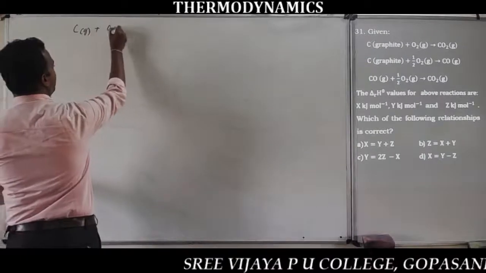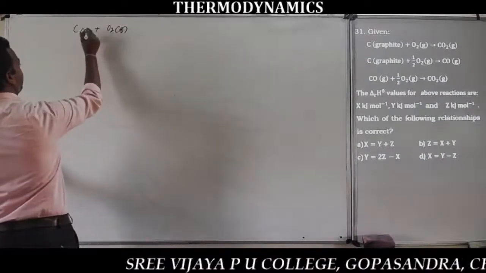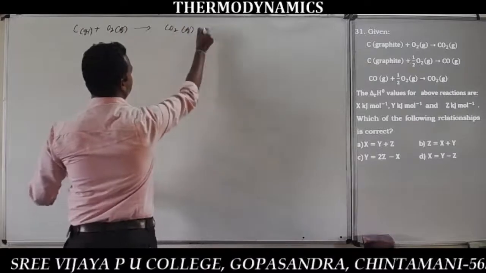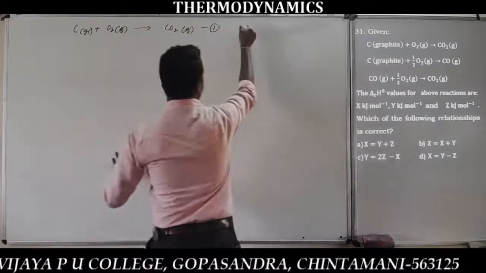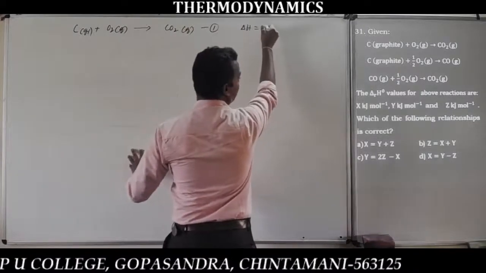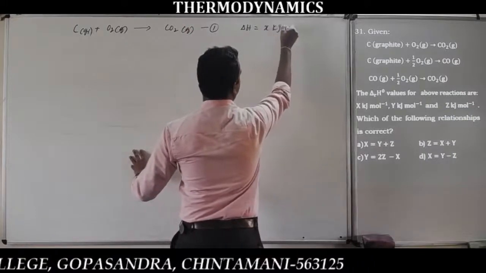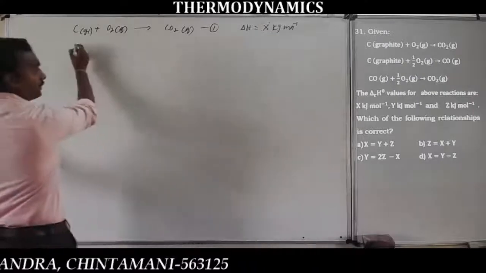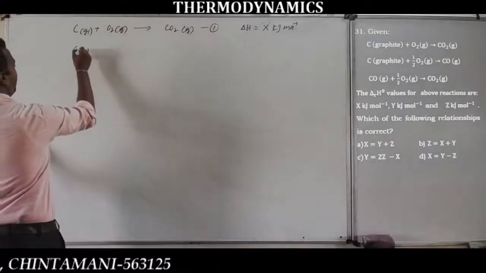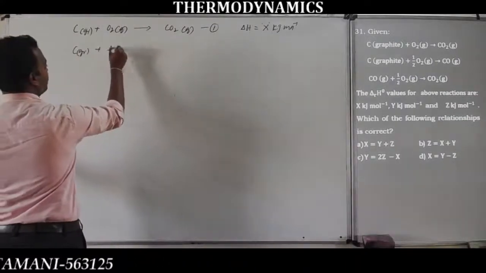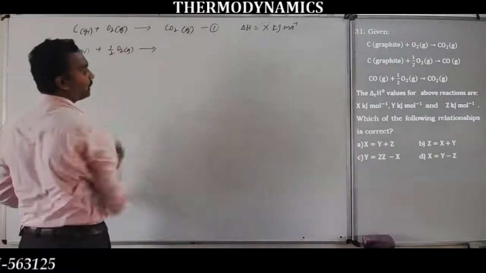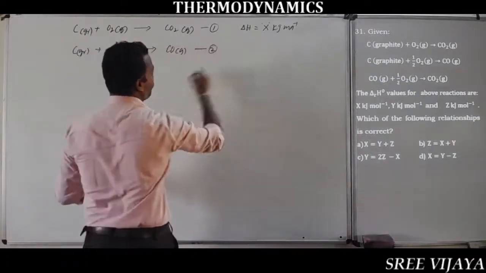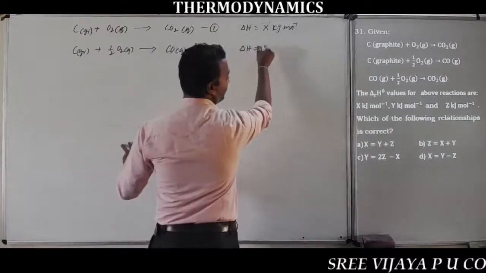plus oxygen gas. ಇದು graphite, ಇದು graphite converted into CO2 gaseous part as equation 1, and this is delta H is equal to how much? X kilojoule per mole. And one more thing is C graphite plus of O2 gaseous is converted into CO gaseous, that is called as equation 2, and delta H is equal to how much?